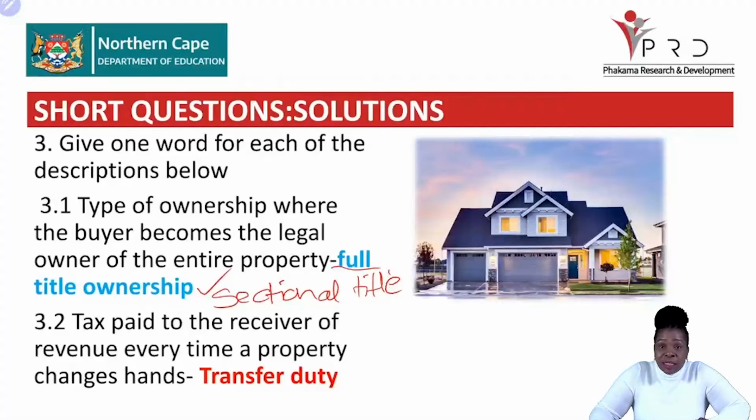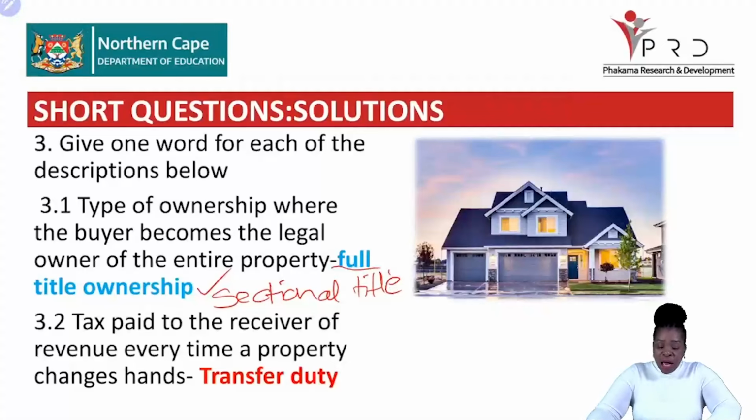But with the sectional title, you are more like forced to paint the house and you contribute to that. Again, in sectional title areas, we've got caretakers, maybe people who maintain the lawn outside. It means you have to pay a certain levy towards the maintenance of that lawn or towards the maintenance of the swimming pool that is available within that area.